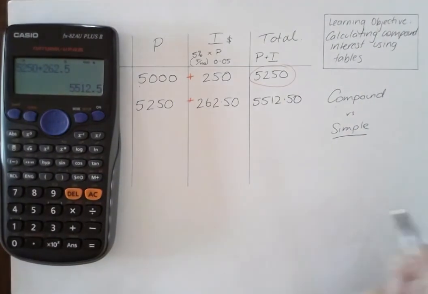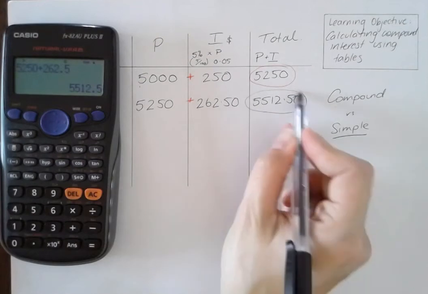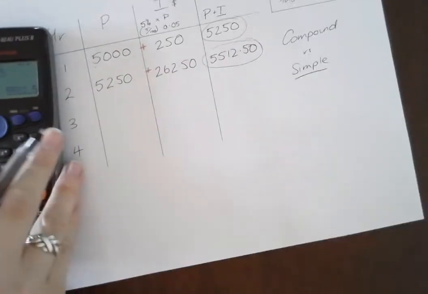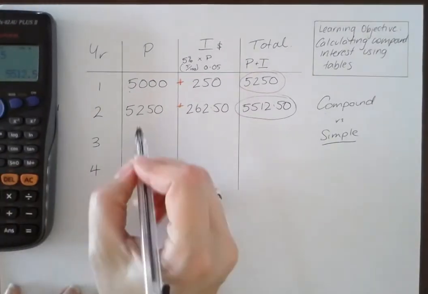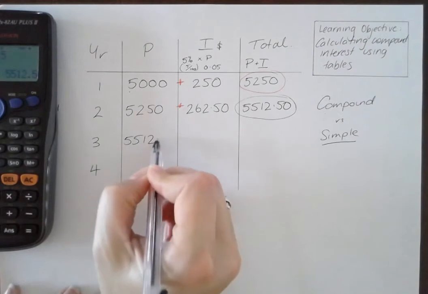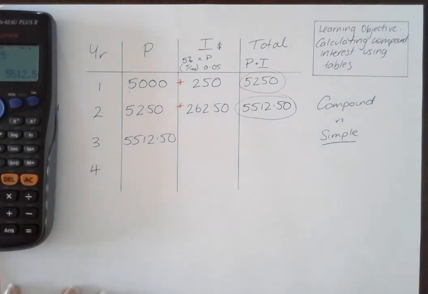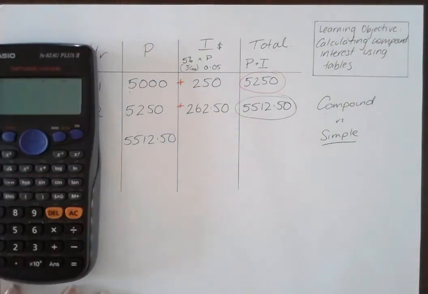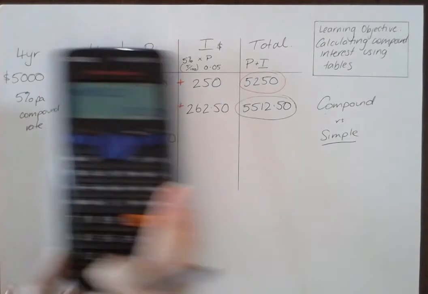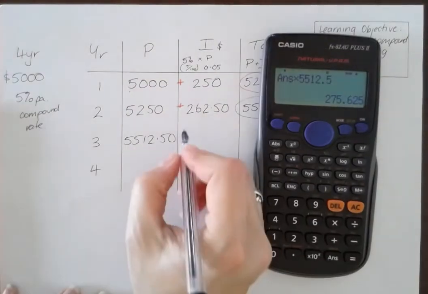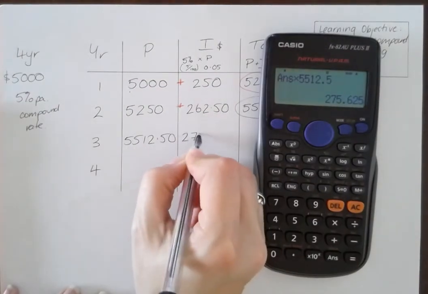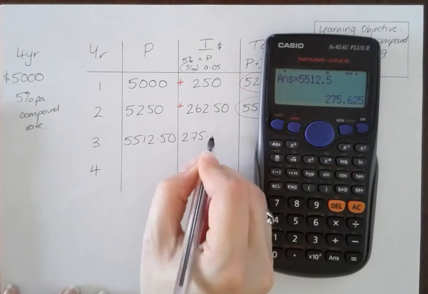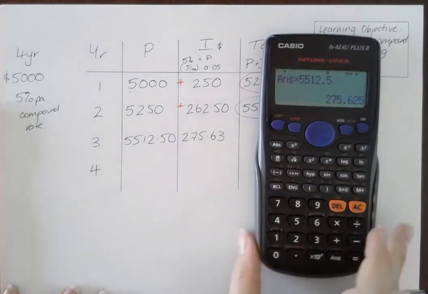Okay, so once again, this becomes our new P value at the start of the next year. 5512.50. We are finding 5% of that. So 5 divided by 100 multiplied by 5512.5. And that's going to give me a value of, let's do some rounding, $275.63.